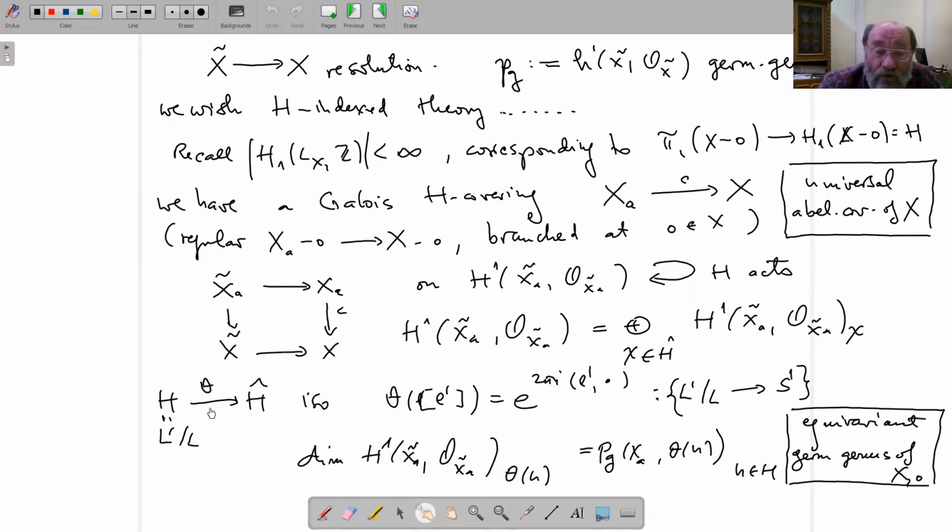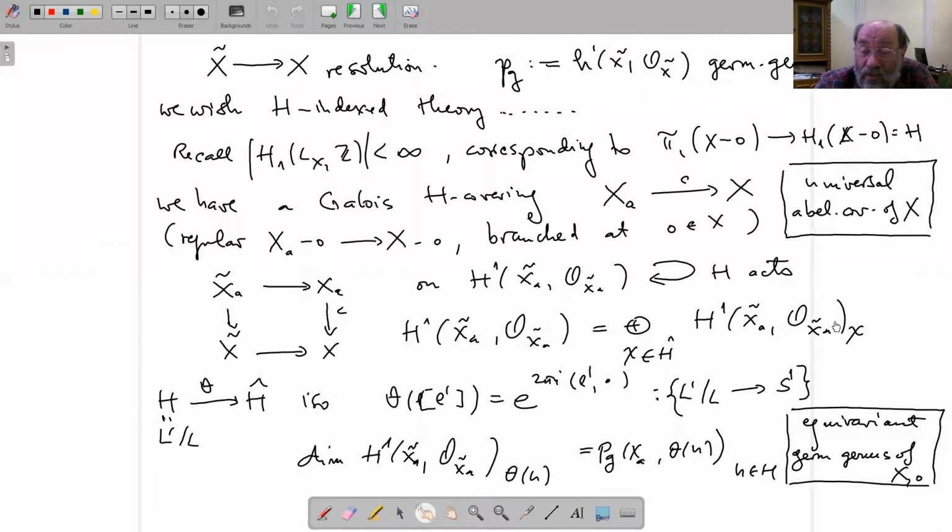Actually, in this case, we can identify H with H dual using the non-degenerate intersection form. Here is the formula, the theta identification, because H is, as I told you, the dual lattice divided by the lattice. So I take a representative, say L prime in the dual lattice, and then using an exponential expression, we associate to any element of H a character.